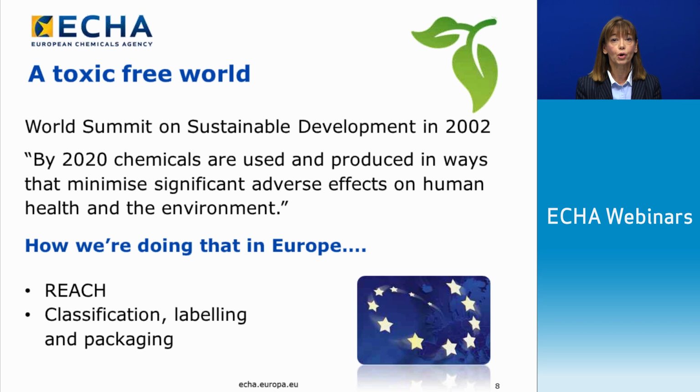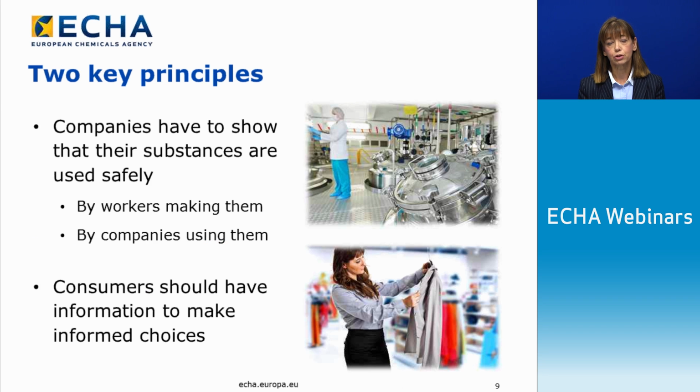So in Europe, there are two legislation that establish the framework to achieve this ambitious goal. And one of them is REACH, the Registration, Evaluation, Authorization of Chemicals. And the other one is the Classification, Labeling, and Packaging legislation. There are two key fundamental principles that underpin these two legislation.